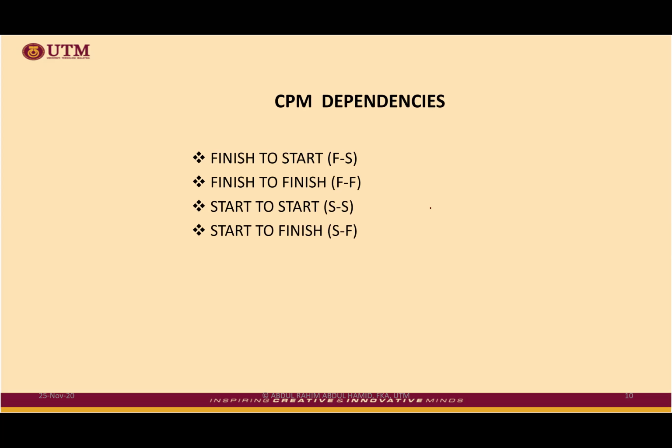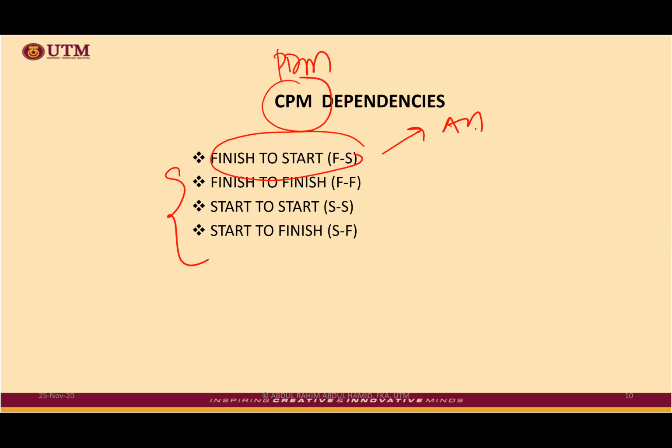Okay, I would say this we refer to PDM, because it is more likely that the three relationships are used in PDM other than in the AOA and AON diagrams. This one is yes, AOA, AON, I would agree.